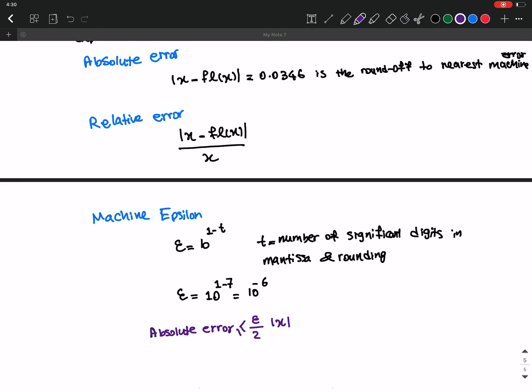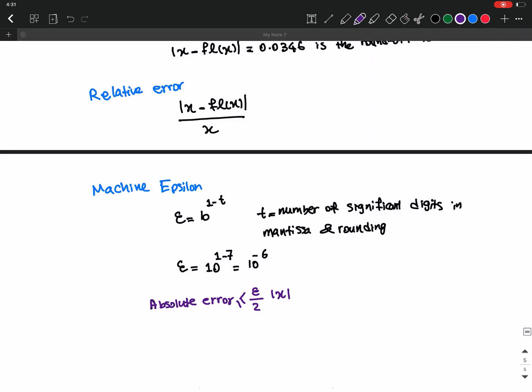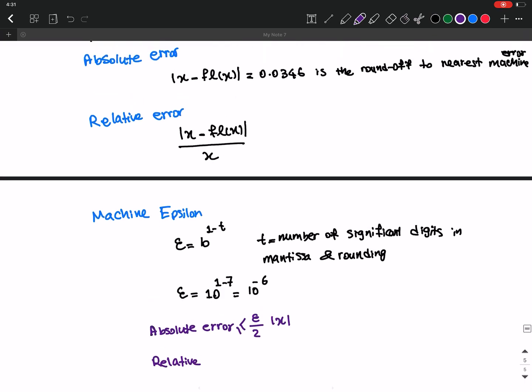Okay, so the absolute error is always going to be like this, and the relative error is always going to be smaller than or equal to epsilon over 2.